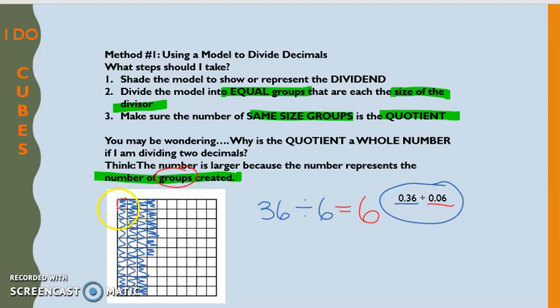So I'll have 1, 2, 3, 4, 5, 6. That's one group. Then I have 1, 2, 3, 4, 5, 6. That's 2 groups. And another group of 6. And another group of 6. And then I can find a group of 6 here and a group of 6 here for a total of 6 groups.